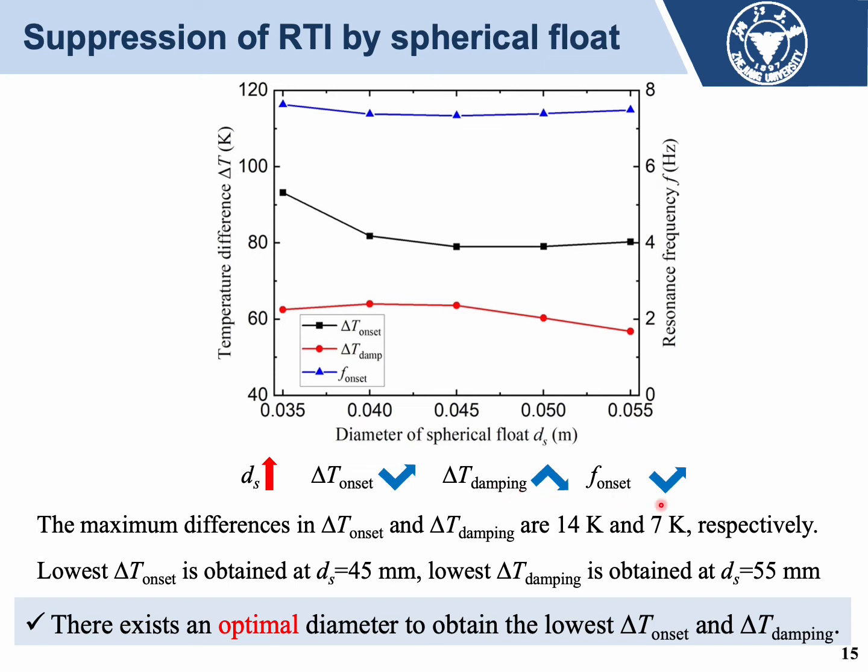Using the floats with different diameters, the maximum difference in onset and damping temperature difference are 14 Kelvin and 7 Kelvin respectively. The lowest onset temperature difference is obtained at a diameter of 45 mm, and the lowest damping temperature difference is obtained at a diameter of 55 mm. Therefore, there exists an optimal diameter for spherical floats to obtain the lowest onset and damping temperature difference.